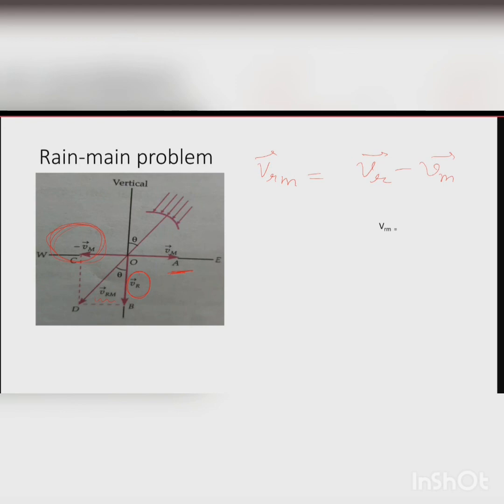But when the wind is blowing, there is an actual change in velocity. Understand that. When a wind is blowing, the rain will not be able to fall vertically. Will it? No, ma'am. So there the velocity actually changes, whereas here the velocity is actually not changing. Understand this.